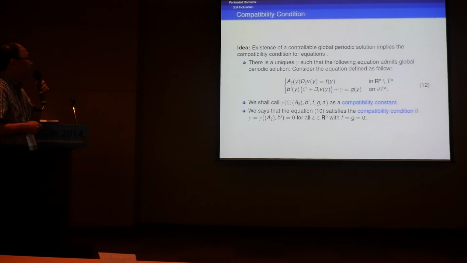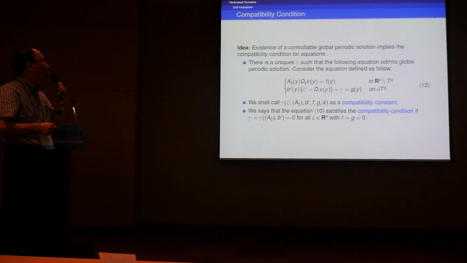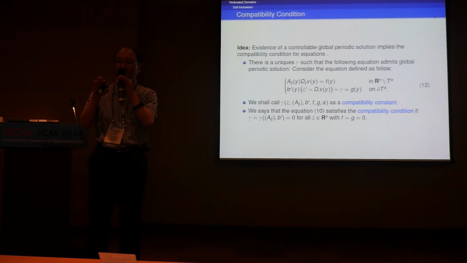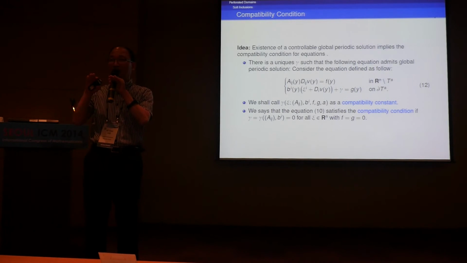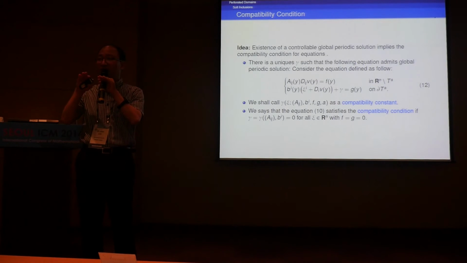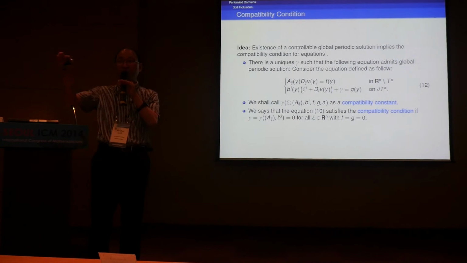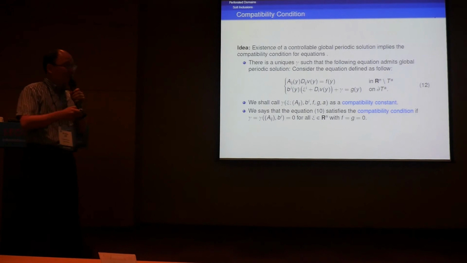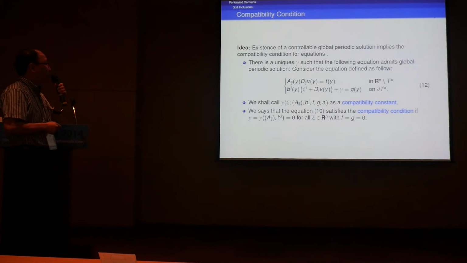Then, the idea is the following. Existence of a bounded global periodic solution implies the compatibility condition for the equation. So what does it mean? In the system, diffusion and flux condition are competing with each other. If you have a bounded global solution, that means that they are somehow balanced. And then we showed there is a unique gamma satisfying these Neumann boundary value problems.